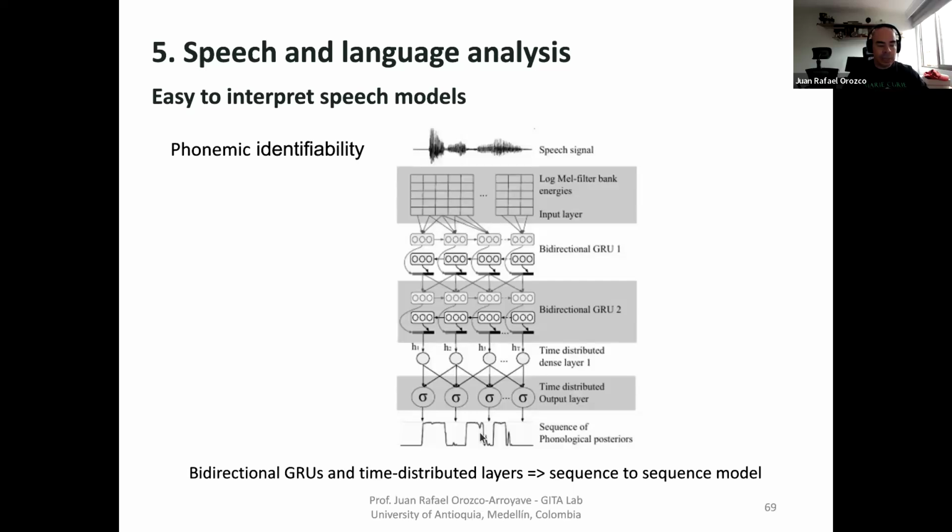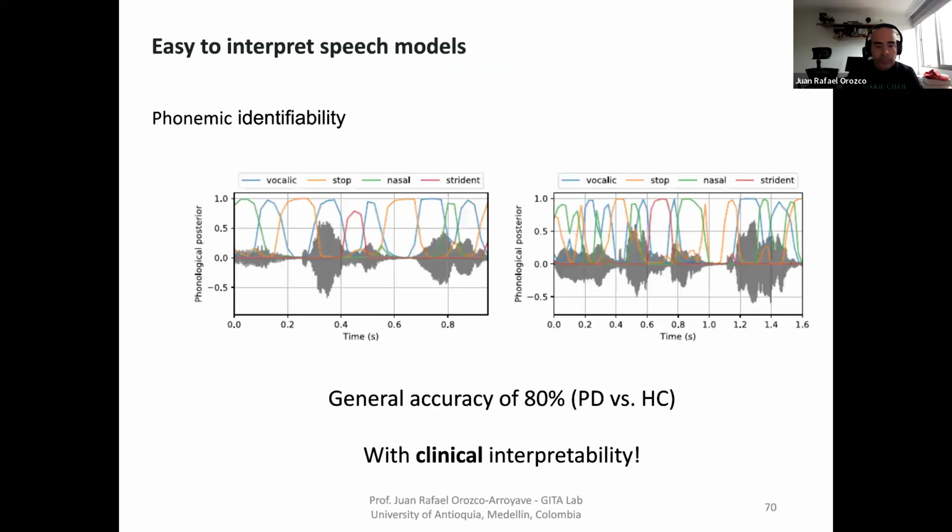In this case, we took a corpus from Mexico, because we don't have Colombian Spanish for that, but Mexican Spanish is not that far from what we speak regarding the phonological space. And then based on that, we were able to measure the probability of each phoneme to be correctly classified or produced. So we obtained curves like this, whether the person was producing vocalic sounds, stop sounds, nasal, strident, and so on.